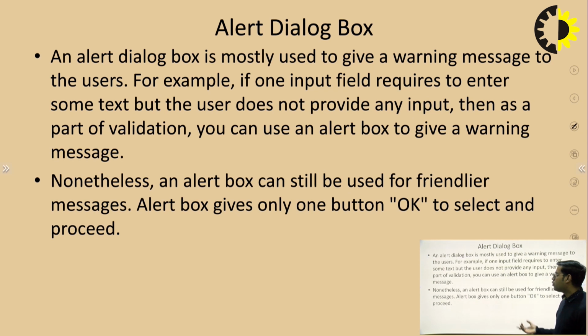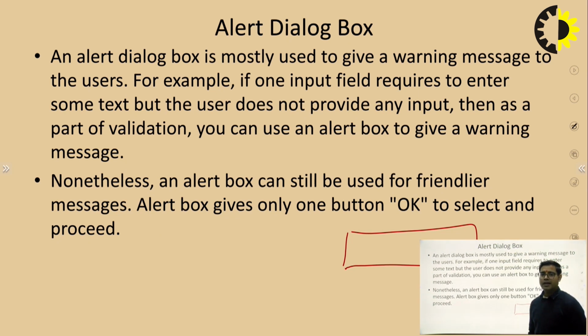If I'm talking about the alert box, an alert dialog box is mostly used to give a warning message to the user. For an example, here is this input field, and it requires entering some text. It is mandatory to the user. That means the user can enter his or her details, but this field is mandatory.